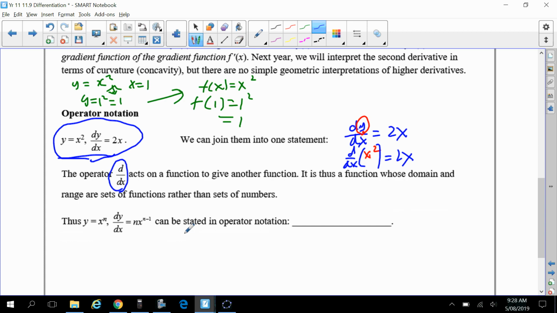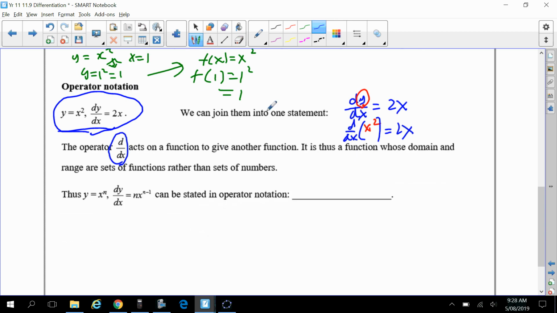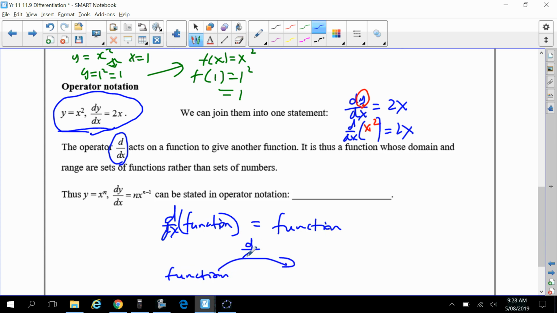So if I go to express this, differentiating a function gives you another function. So you go function, differentiate d on dx, you get another function. We call that the derivative.